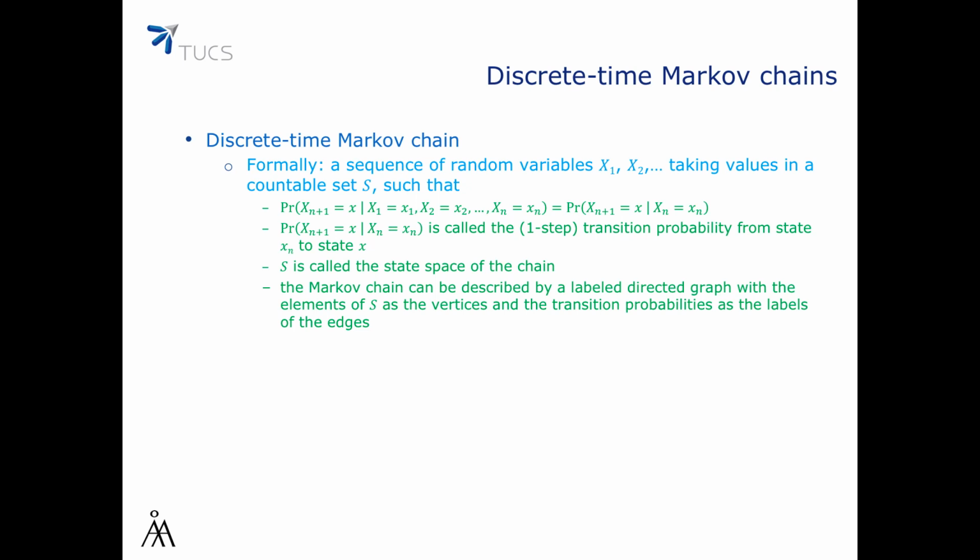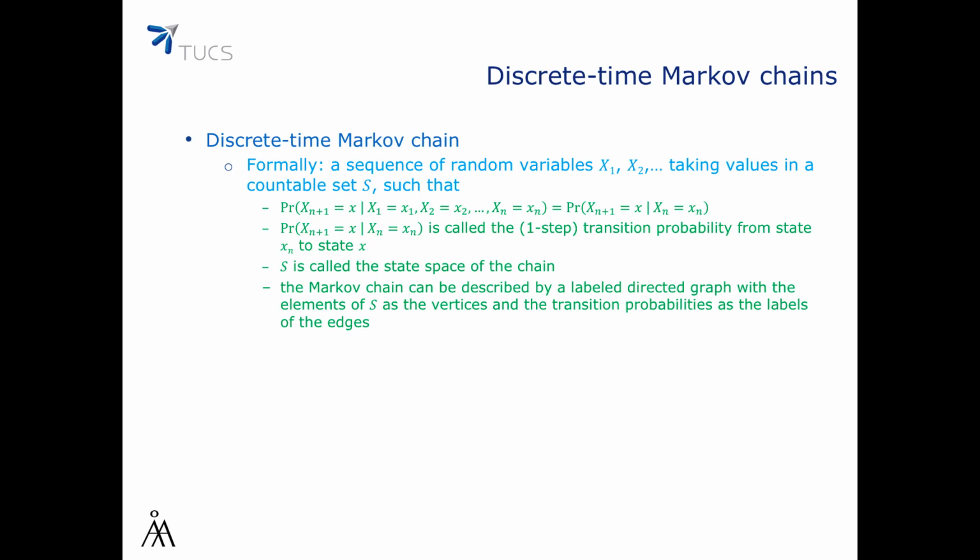So this is another formal mathematical way of writing this property, that the transition depends only on the current state and not on any of the past states. This probability of having in the next state x, given that in the current state we have xn, is called the one-step transition probability from state xn to state x. And the set where we have the values is called the state space of the chain.